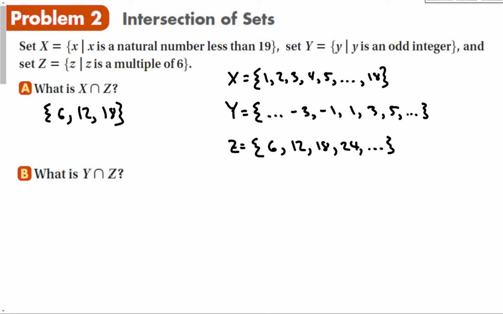What is Y intersect Z? Y intersects Z only at odd numbers. But multiples of 6 have no odd numbers because every multiple of 6 is even. So these two never intersect, and they are disjoint.